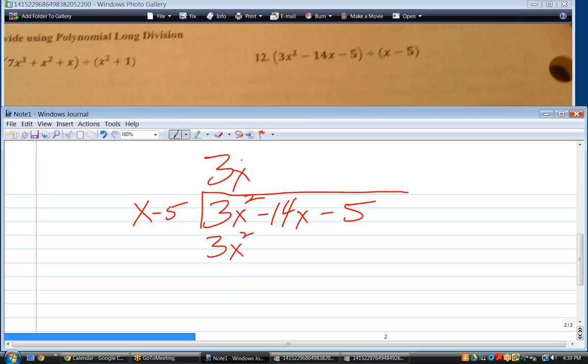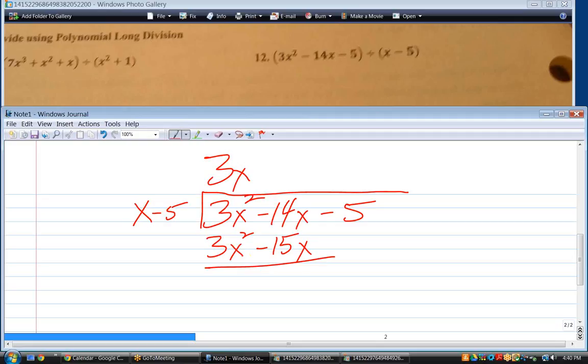In other words, once you get that first term, then you multiply it by both of the terms that are in the divisor. So we multiplied it by the x to get 3x squared. Now we have to multiply the 3x times minus 5 to get minus 15x. Now what? No, it's 29x. Remember, we're subtracting.